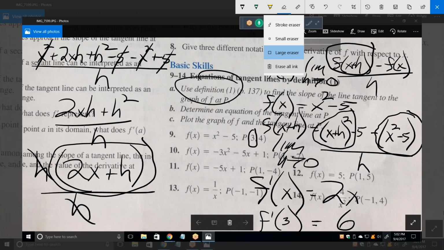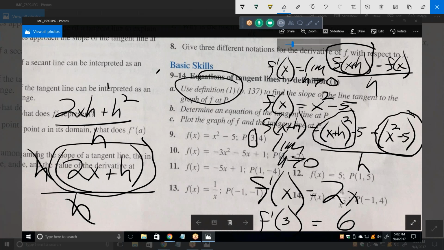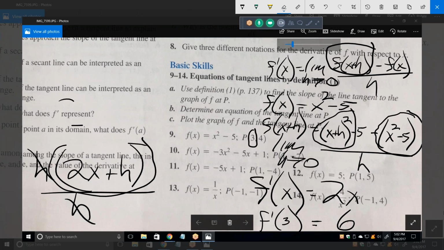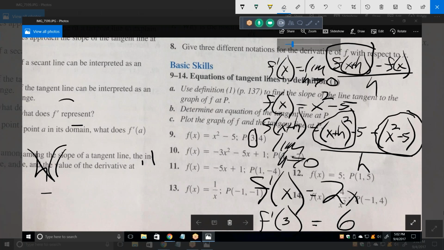So, now let's go on to the next part of these questions. So we figured out the slope. Okay? And that's key because when you're trying to come up with the equation of the tangent line, what's the most important thing?